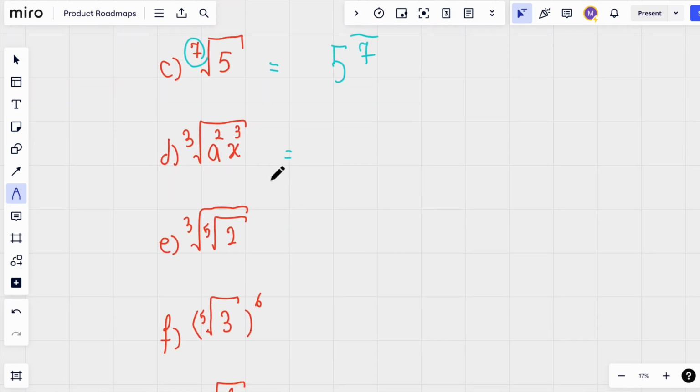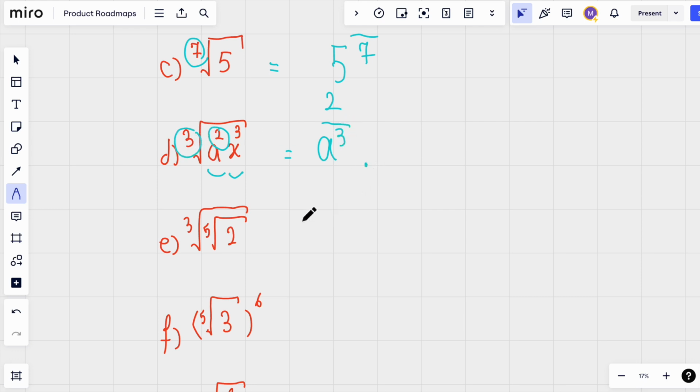This time we have more than one single term underneath the radical. We're going to perform the same steps for each of them. For part D, I'm going to bring a out here. The numerator is going to be the same power that a has, which is 2, over the index, which is 3.